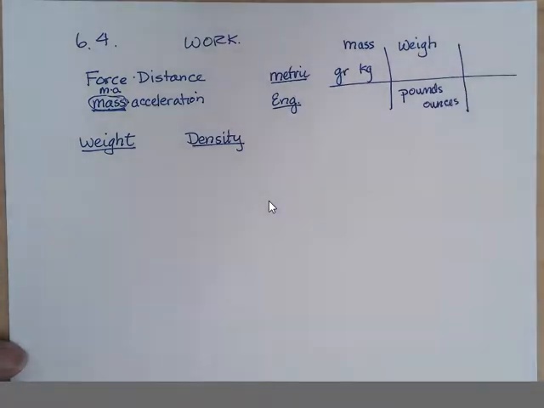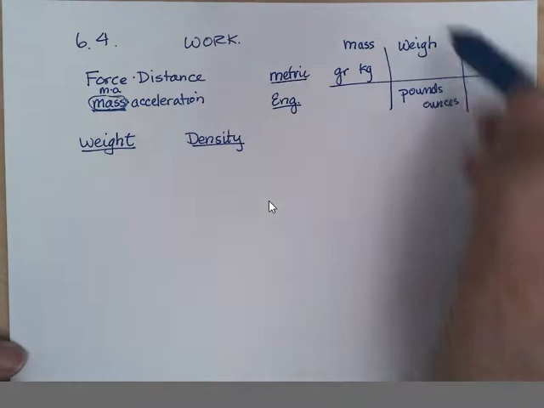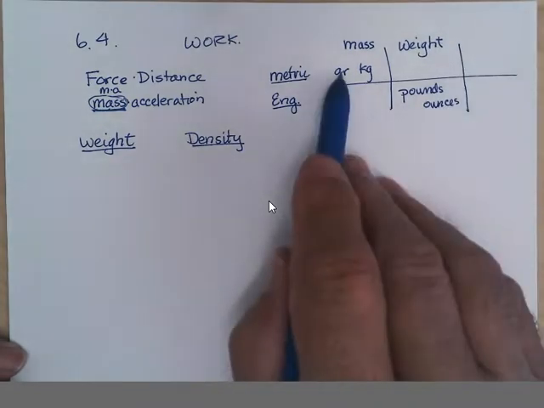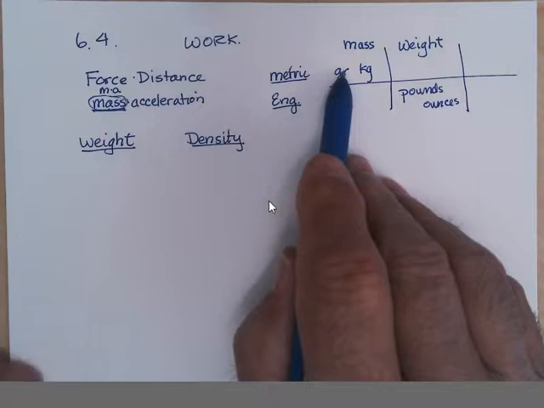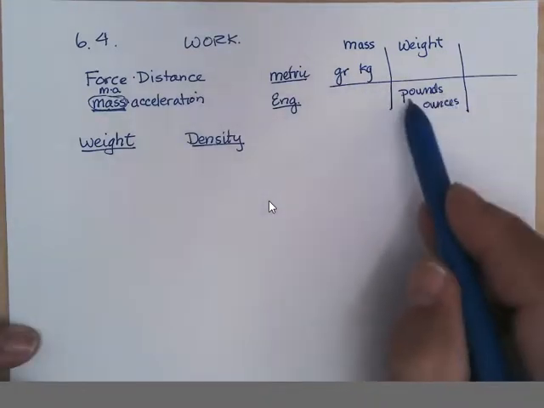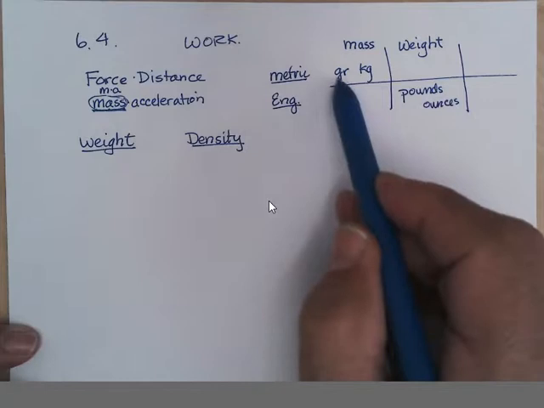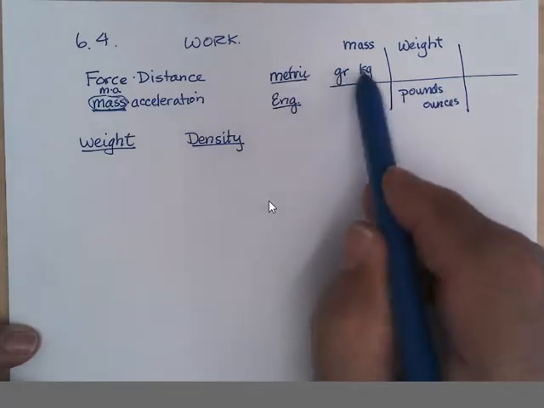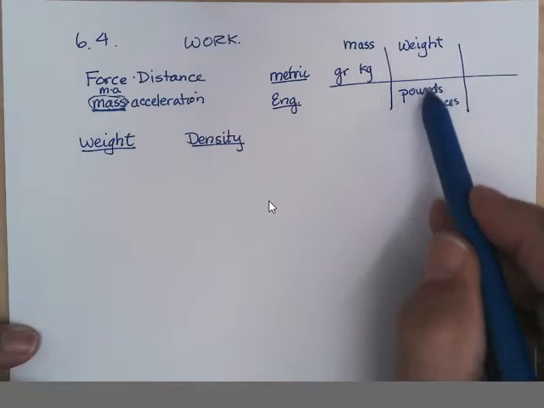There might be some other units here, but that's the idea. So when you get on the scale and you say, oh, I am so many pounds and I'm so many kilograms, that's a misnomer. This is a measurement of your mass. This is a measurement of your weight.